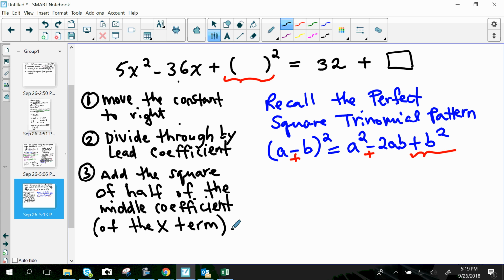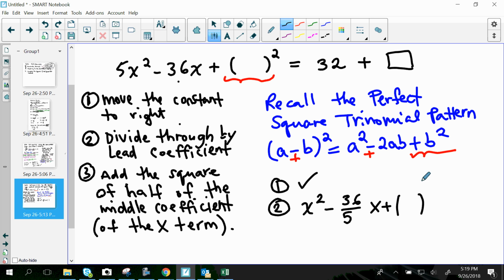So step 1 was already done. Step 2, we're going to divide through. So everything gets divided by 5, right? So when you divide 5x squared by 5, you get x squared minus 36 over 5 x plus whatever we're going to add, equals 32 over 5, because that got divided by 5 as well, plus whatever we're going to add to complete the square.